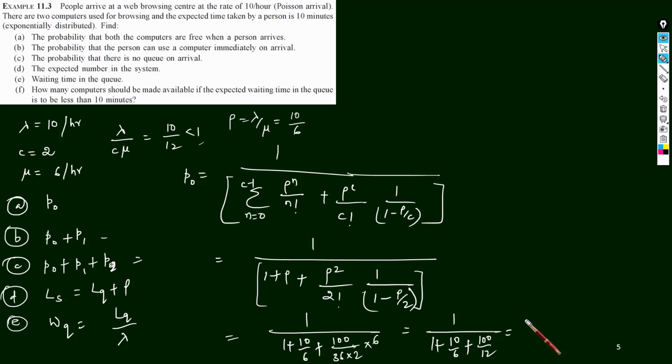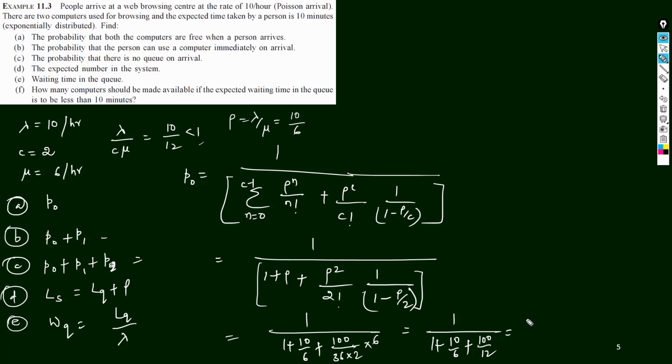If we have a calculator, then we can calculate. Let me find out how much this is coming. 1 plus 10 by 6 plus 100 by 12, that is 11, so 1 divided by 11 is equal to 0.0909.